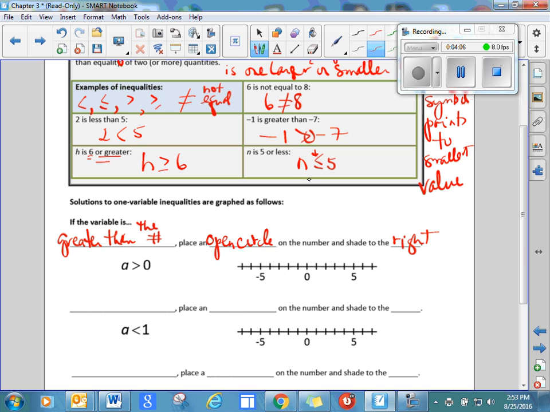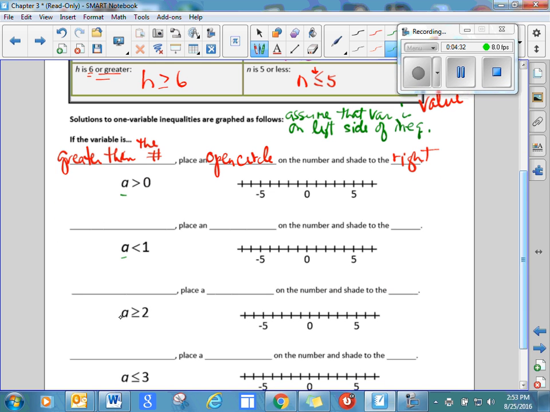So, and all of these examples, let me say this because this is important, all of these examples assume that the variable is on the left side of the inequality. So all of these rules I'm writing are assuming that the variable is on the left side of the inequality. Here it is.